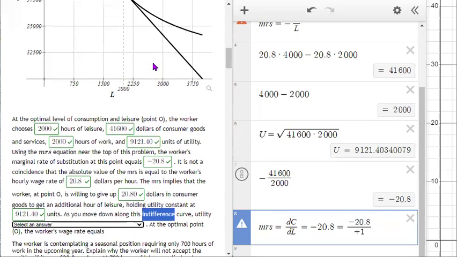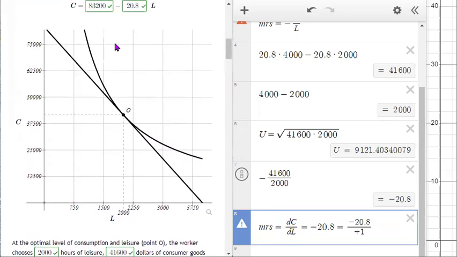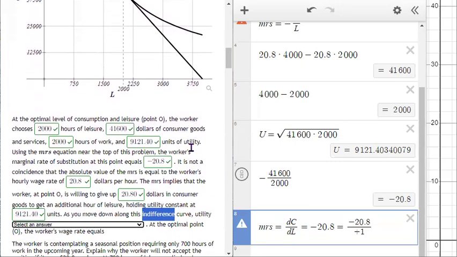Now, as we move down the indifference curve, utility's being held constant. What is happening to the slope of this curve? It's getting closer and closer to 0. When we're up here, this curve is very steep. As we come down it, it gets closer and closer to 0. The absolute value of the slope declines.